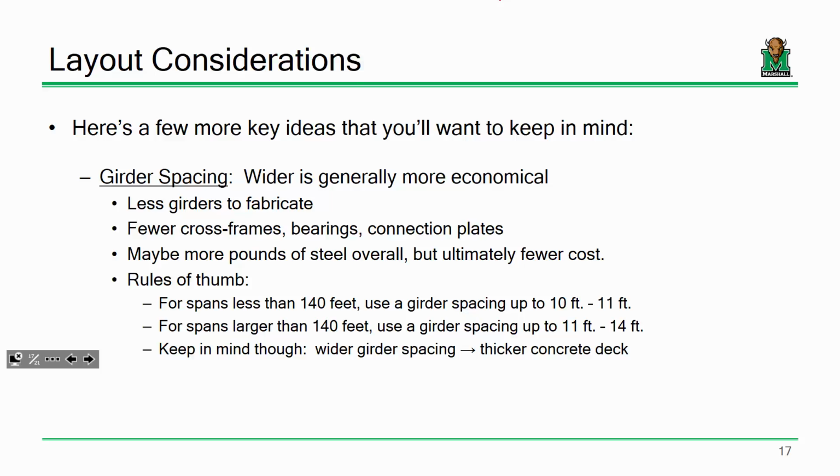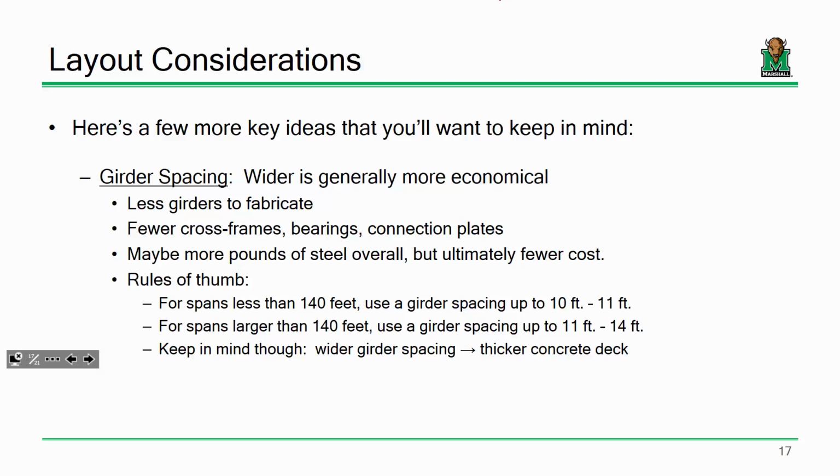How is that more economical? Well, wider girder spacing means heavier beams, but it also means less of them. Fewer beams to fabricate means less labor, less time for erection, less cost. It might be a little heavier, but in the end, it's going to be cheaper overall.